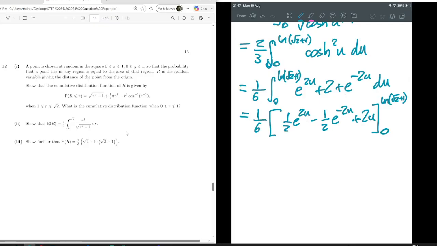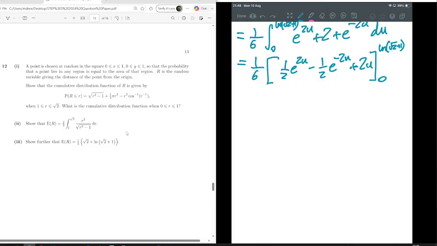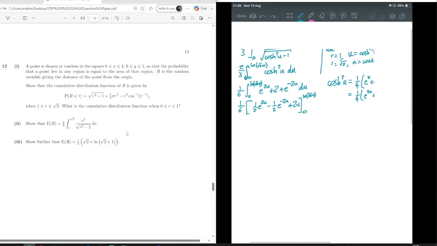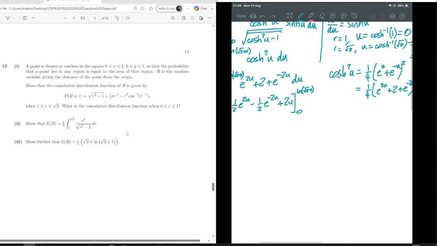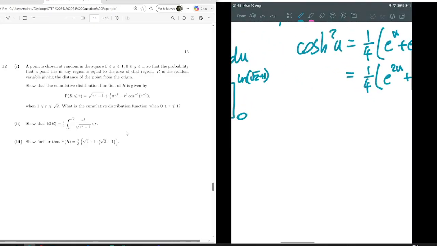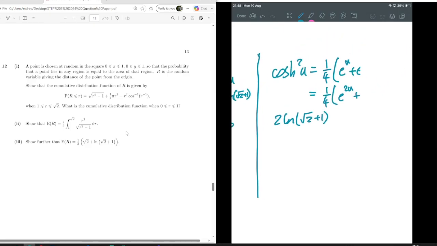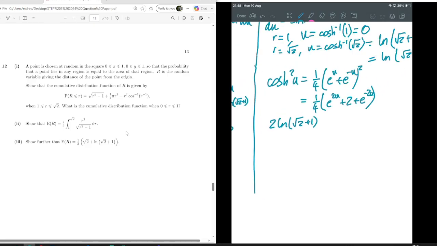I was just worried that I'm getting a third on that term, but the answer does have a common factor of a third in there. So I'm still pretty happy. I do want to work out what 2 ln of root 2 plus 1 is, because I'm subbing that in and that's going to be the power.